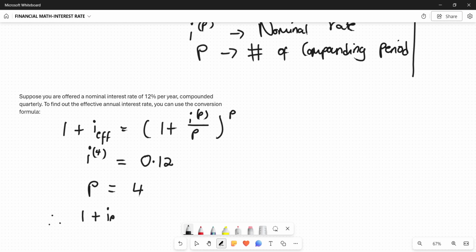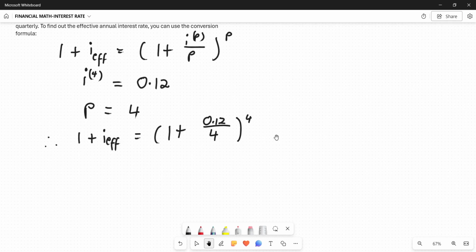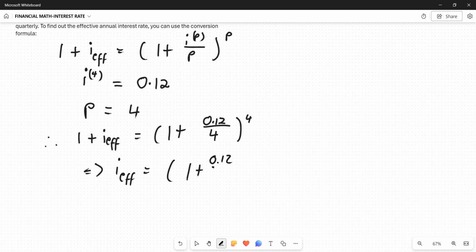Therefore, 1 plus i effective equals 1 plus 0.12 over 4, to the power of what? 4. Now, in order to calculate the effective rate, you say effective rate equals (1 plus 0.12 divided by 4) to the power of 4, minus 1.